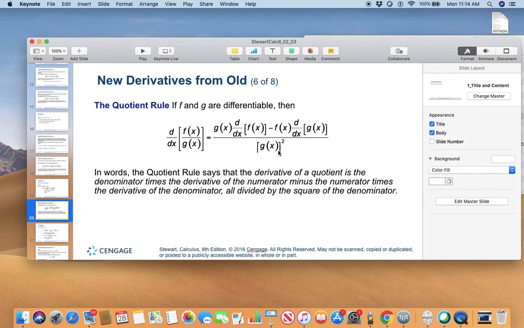So this is an important thing. There is a minus. You are dividing. So steps again, square the denominator as it is. What happens to the numerator is keep the downstairs as it is, derivative of the top, denominator as it is, minus numerator as it is, derivative of the bottom. That's how you remember it.